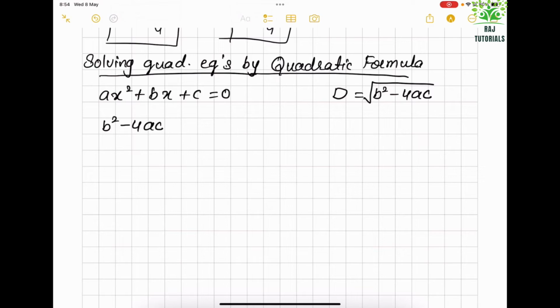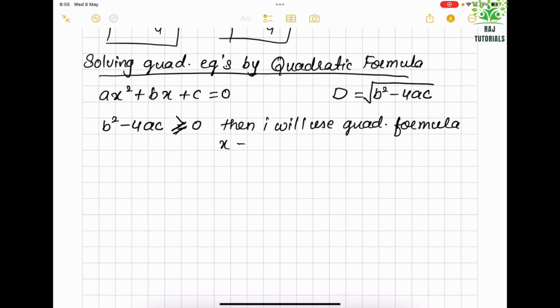So here I will find this, and if it is greater than or equal to 0, then I will use the quadratic formula to get the roots.